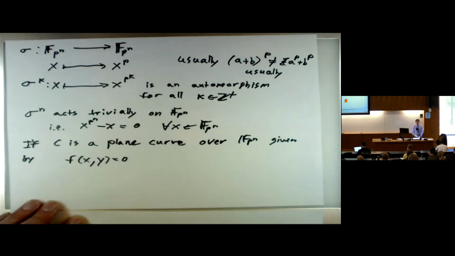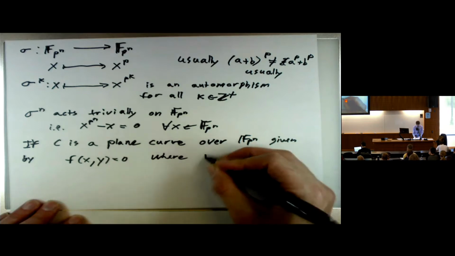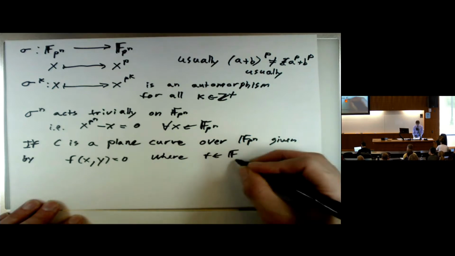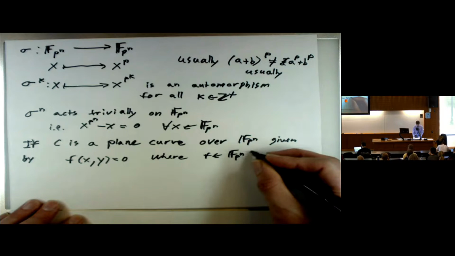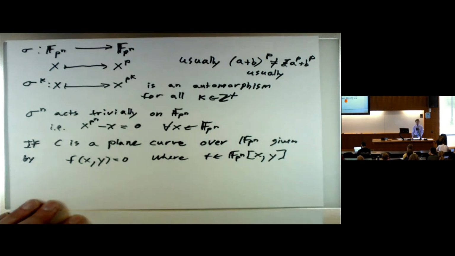All right, so if we have it given by f(x, y) = 0, where f is a polynomial whose coefficients are in F_{p^n}, then sigma^n is going to act trivially on those coefficients.